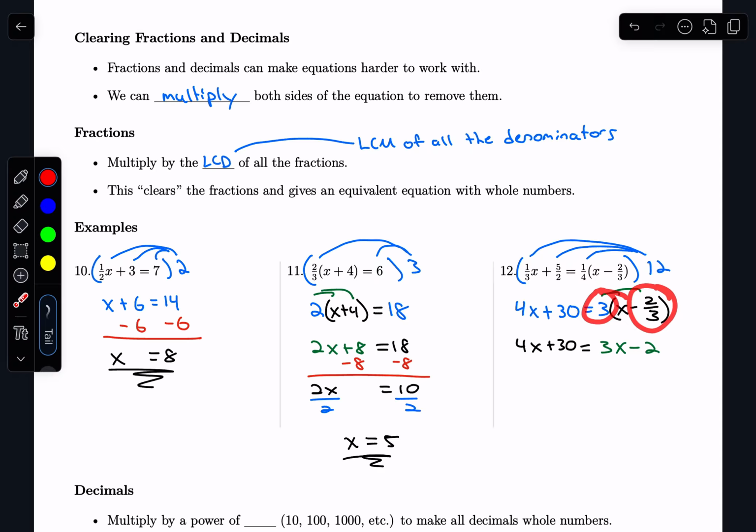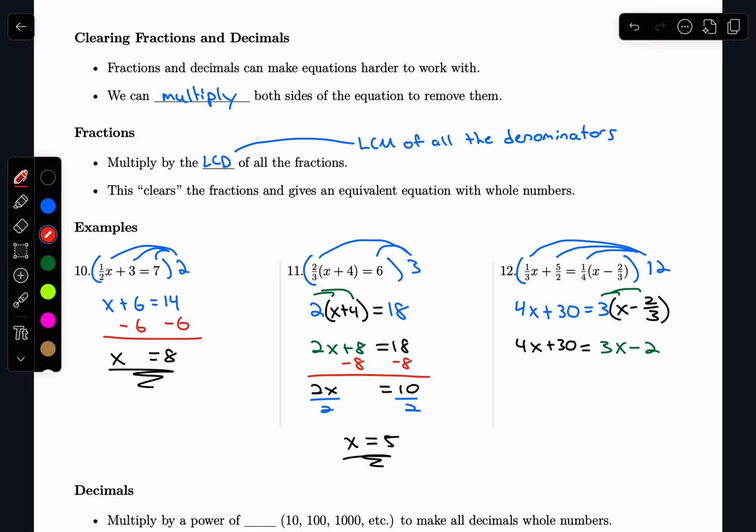That will not happen every time, that we no longer have a fraction here. If I still had fractions at this step, then it would be like number 10, where I could just multiply by the least common denominator again, and it would get rid of whatever fractions are left. So sometimes you have to do this process of multiplying by the LCD more than once. But in this case, once was enough.